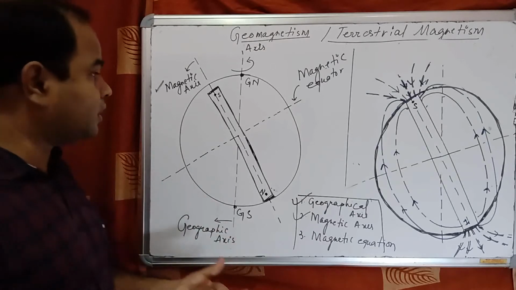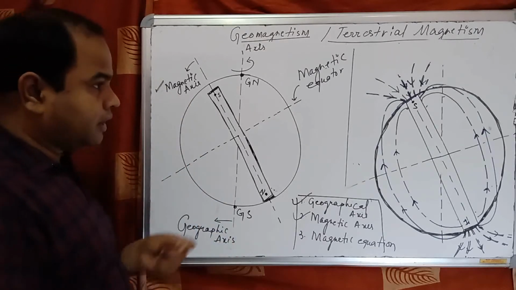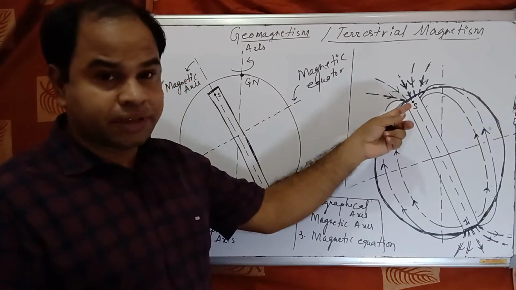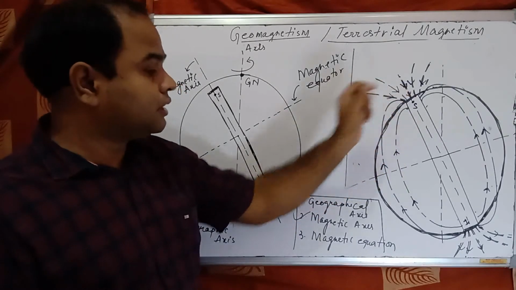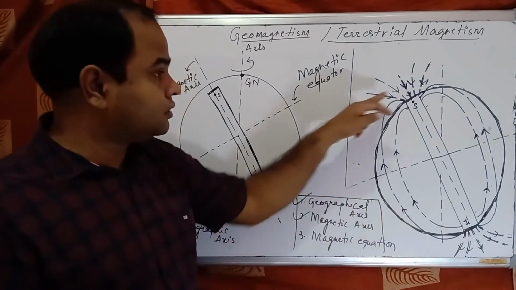It is perpendicular to the magnetic axis. And since earth is a magnet itself, these are the field lines. They start from the north pole of the earth magnet and end at the south pole.